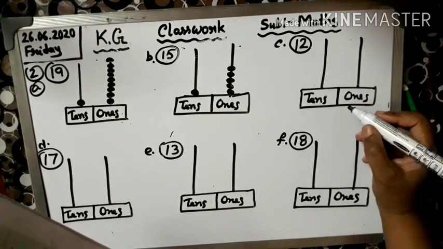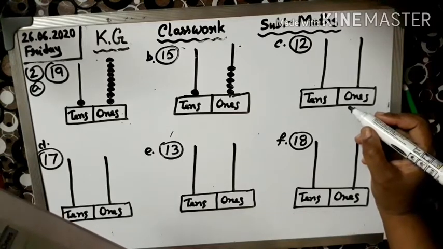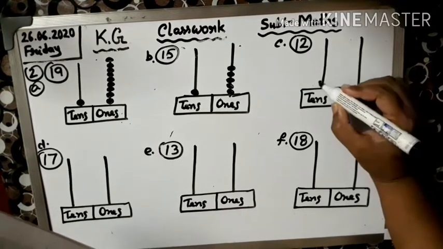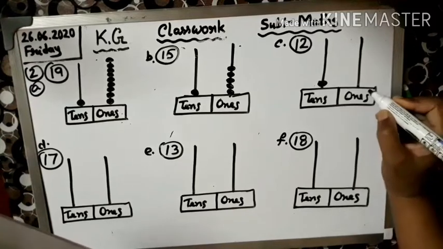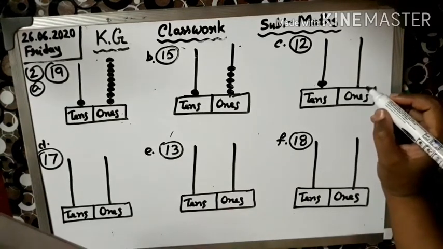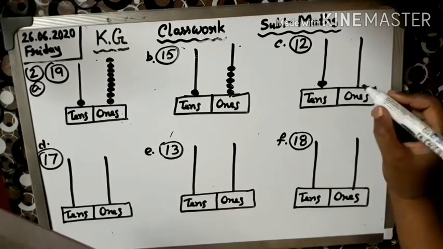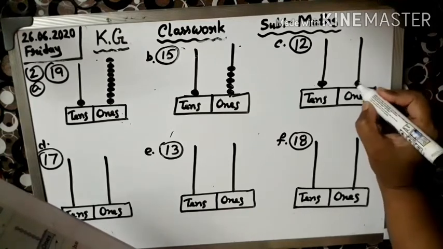Next, draw 1 bead on the tens spike and 2 beads on the 1 spike.